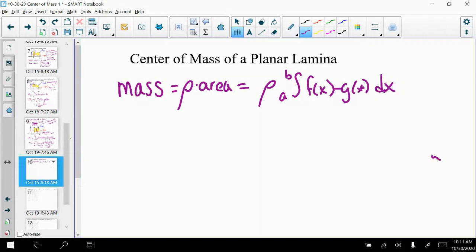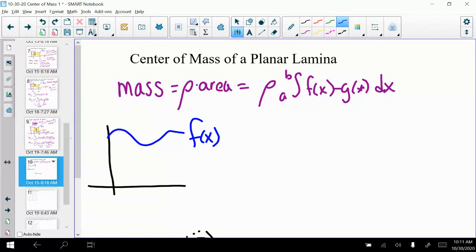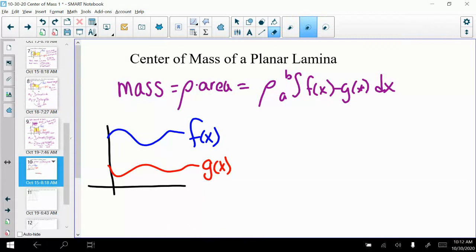We should probably draw a picture here, because if we don't have a picture, then it's not really obvious that f of x is on top. And all of our equations that we have written have assumed that f of x is our top function. Otherwise, we would get potentially negative values.